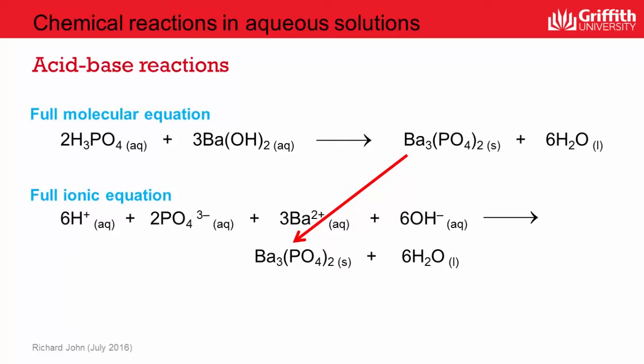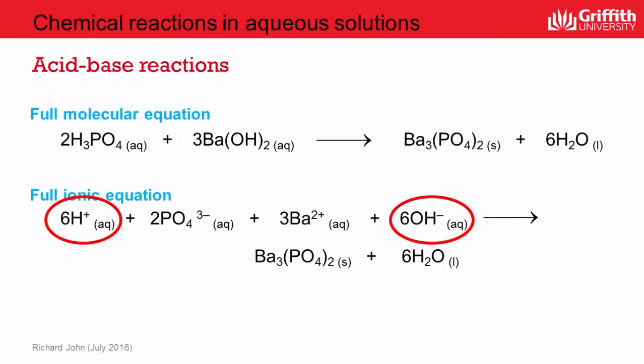The barium phosphate solid is not a strong electrolyte. It doesn't dissolve in water, and so we are going to keep the barium phosphate solid written as Ba3(PO4)2 with the S subscript. And then we've got our 6 waters, which is again not a strong electrolyte. It has the L subscript, so the water is just going to be written as 6H2O with the L subscript there.